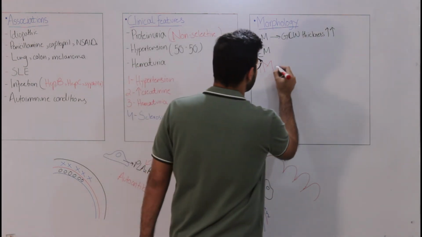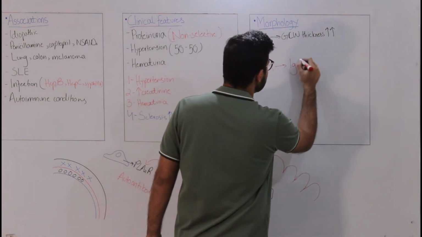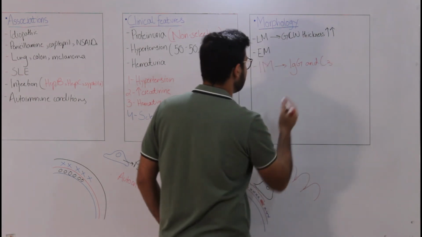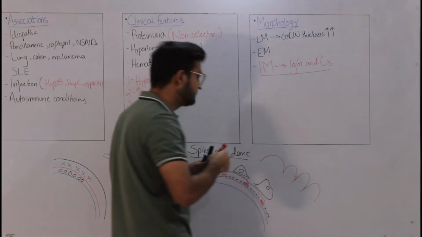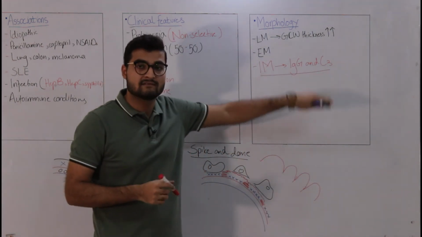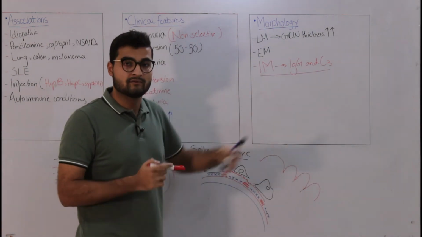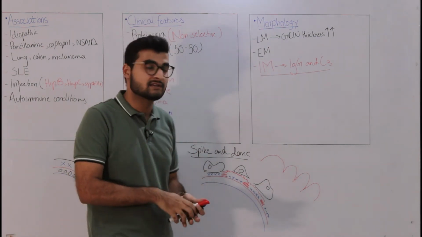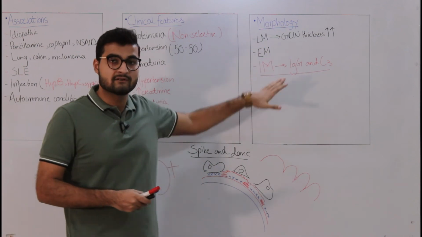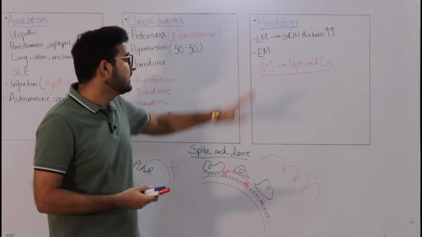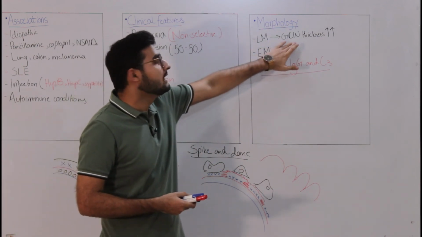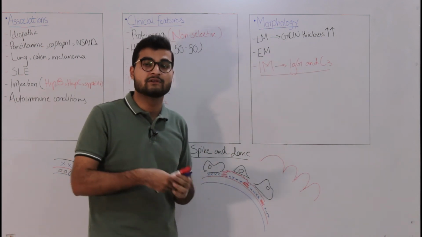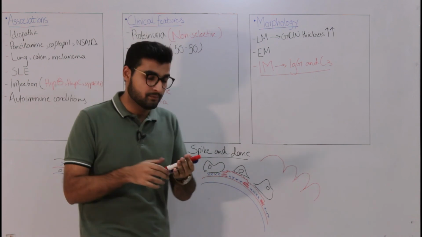Apart from the findings on electron microscope and light microscopy, on immunofluorescence you will see the presence of two things, that are IgG and C3, your complement protein. You will have the presence of IgG and C3 that you will see on immunofluorescence. So like I mentioned earlier, on the basis of these three investigations, that is light microscopy, electron microscopy and immunofluorescence, on light microscopy you'll just see increased thickness, and you'll also see effacement of your podocytes.